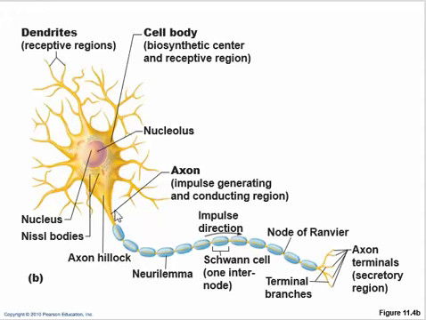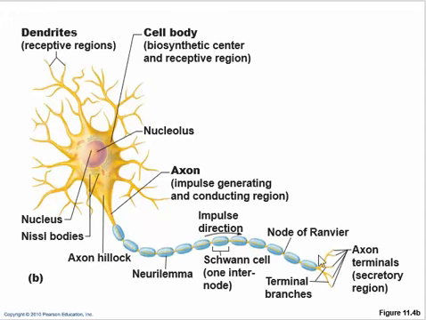So this long appendage here is called the axon. So really the dendrites are afferent and the axon is efferent. Action potentials and depolarization start here and transmit this direction.